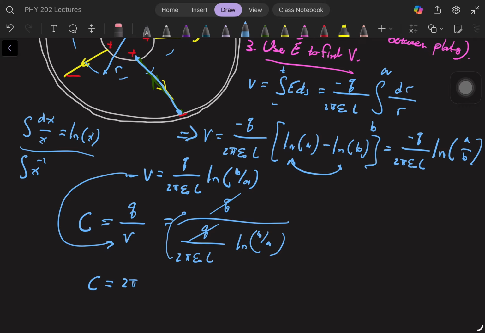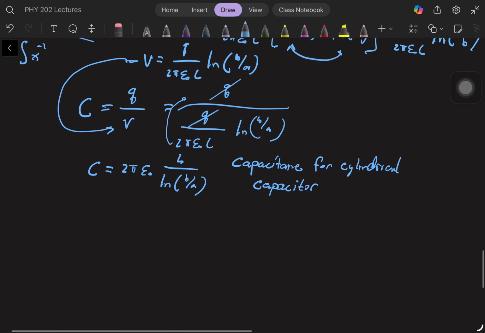So 2 pi epsilon naught L over the natural log of B over A. And then this is the capacitance for a cylindrical capacitor.